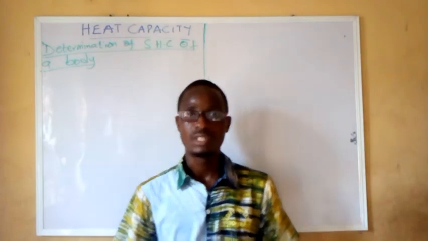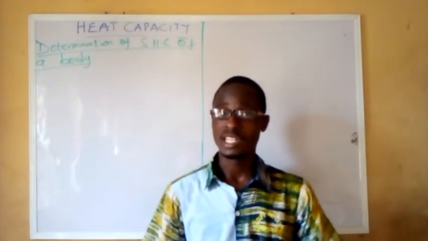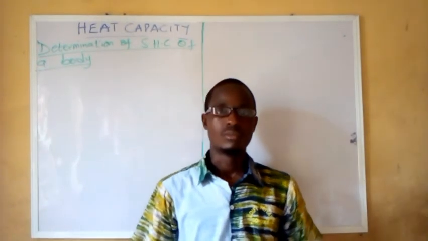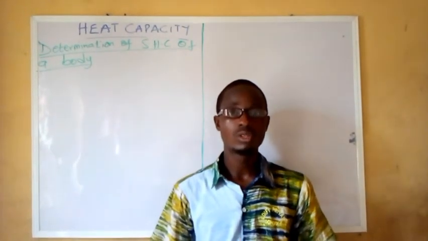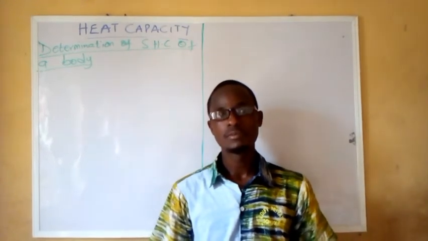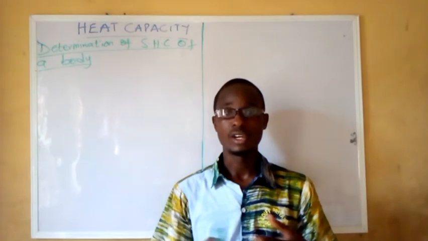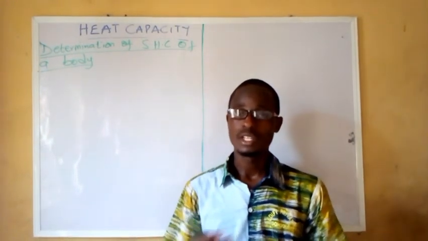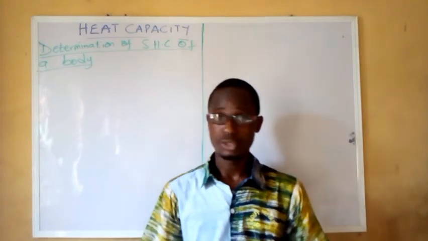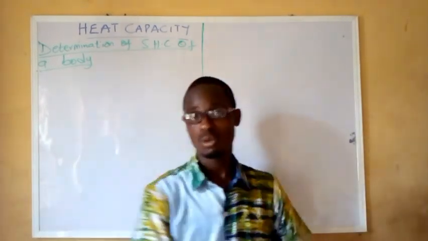How do we achieve this? As I have said, it is very easy because there is a law called law of calorimetry that says when two bodies are in contact, one loses heat while the other gains heat as a result of temperature difference. As I've said earlier, heat moves from hotter to colder body.